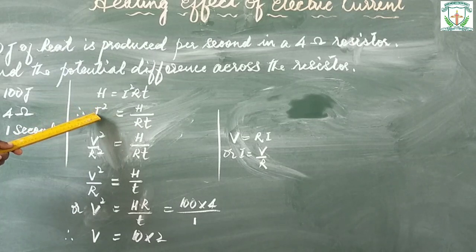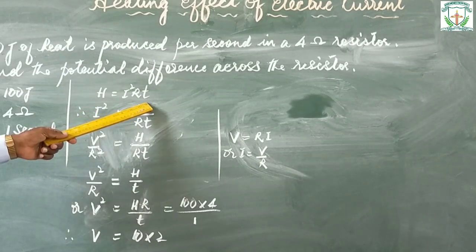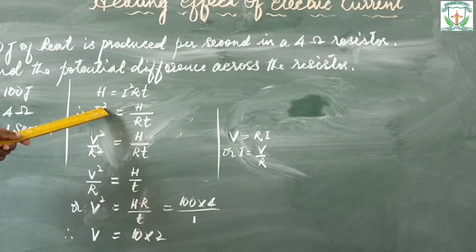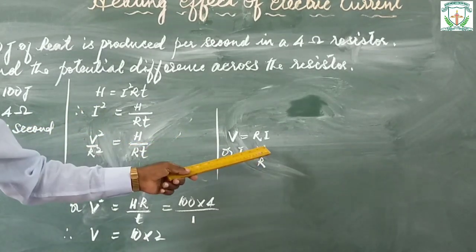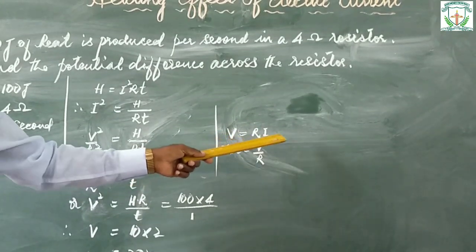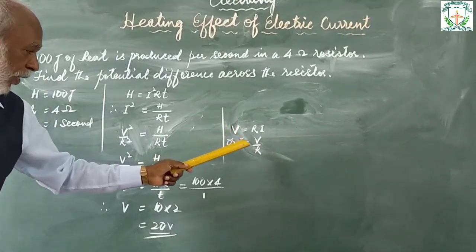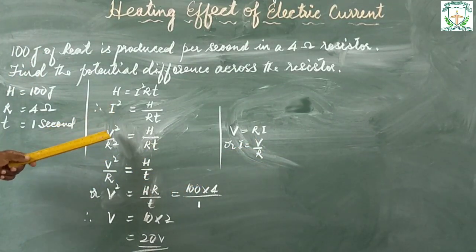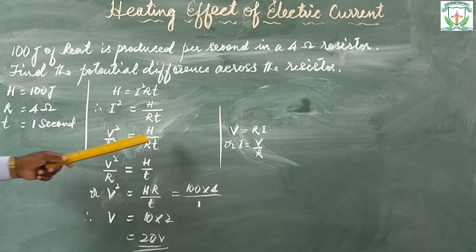So I square is H divided by RT. We will replace I by V by R. From Ohm's law, you know V is equal to IR or I is equal to V by R. So I have replaced I square by V square by R square.